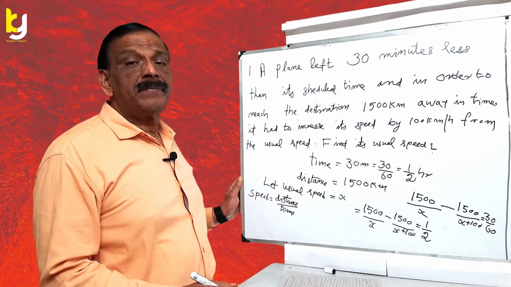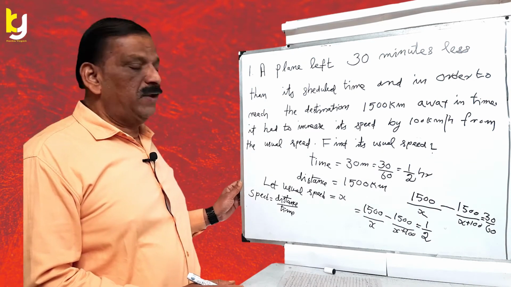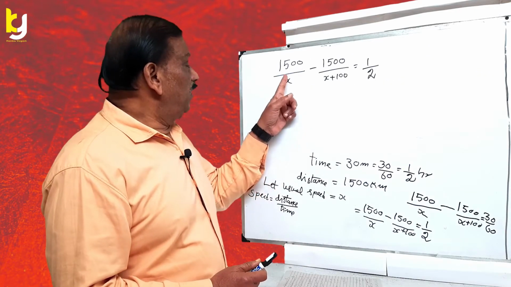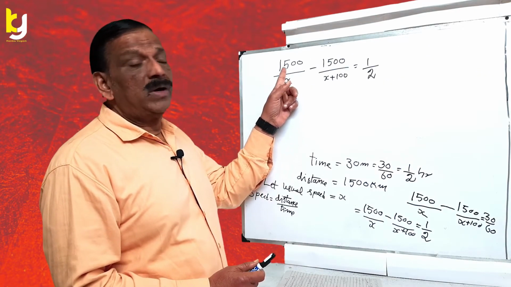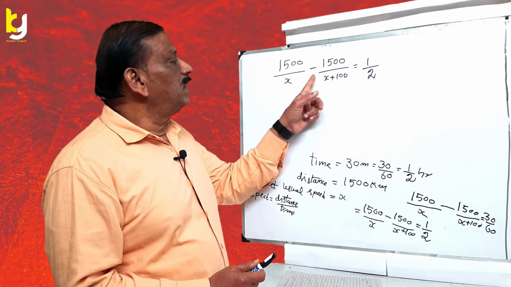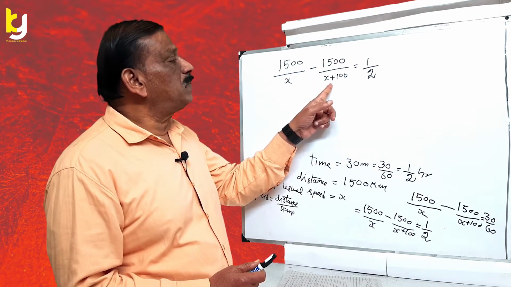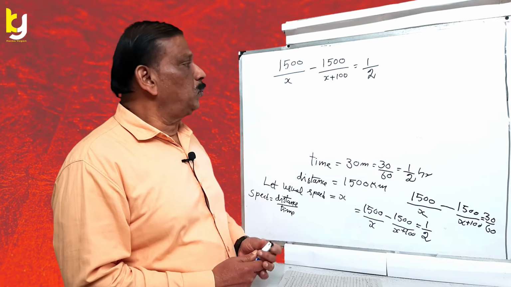Clear? Next step is, 1500 by x minus 1500 divided by x plus 100, that is equal to 1 by 2.